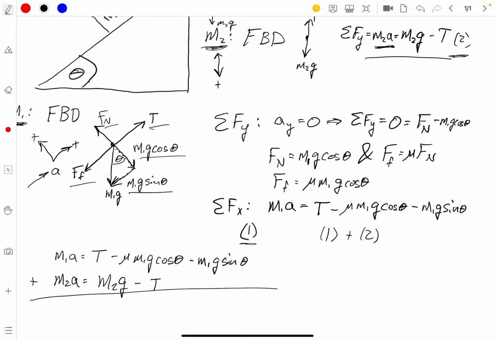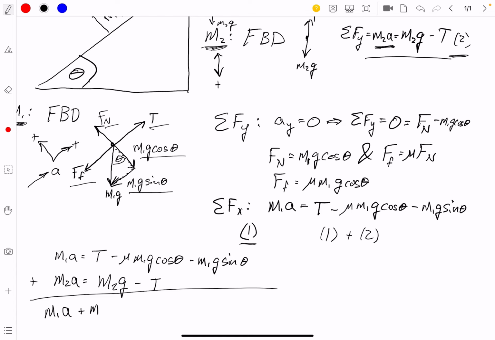So on this side we get m1a. I can't remember if I want to break those up or not yet. Yeah, I don't think I do. I want to keep the terms separate.